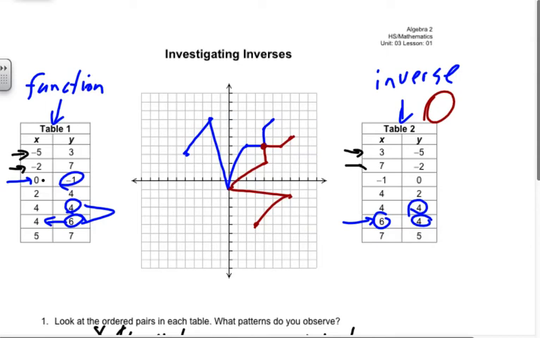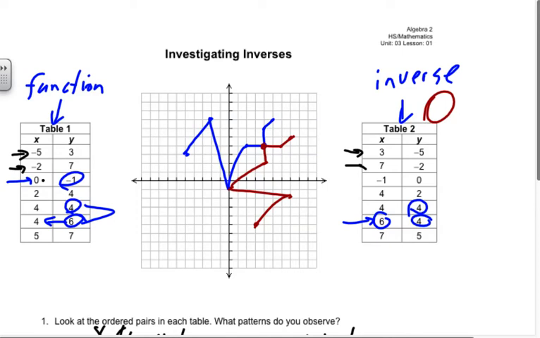Okay, so let's take a look at this. Now we know how these are interrelated. You switch the x and y values, right? Okay, so the question is, how are the graphs related? What transformation occurs?